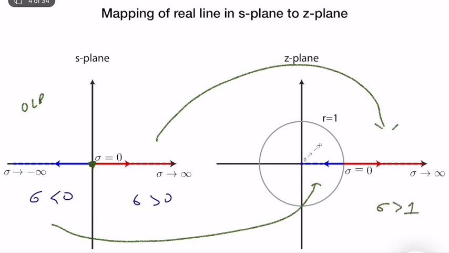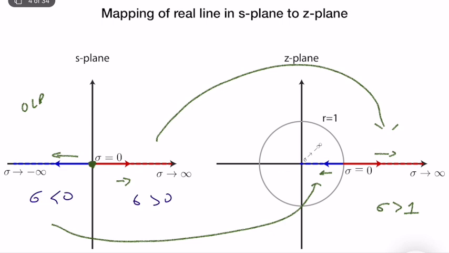If we go in this direction in the S plane, we go in this direction in the Z plane. Similarly for the unstable part, they are both going in different directions.